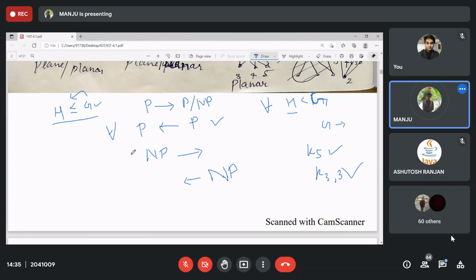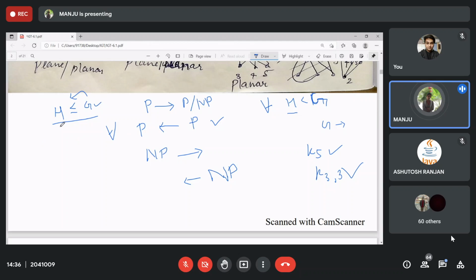Okay. What about if a subgraph of G is non-planar? Then what can you say about that graph? Ma'am, non-planar. Non-planar, right?